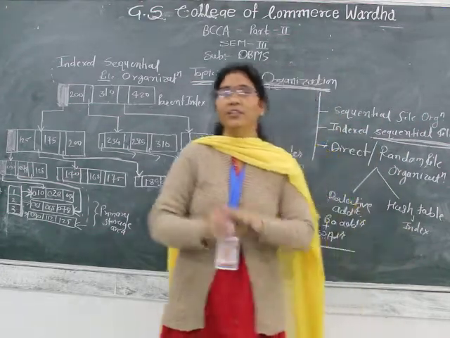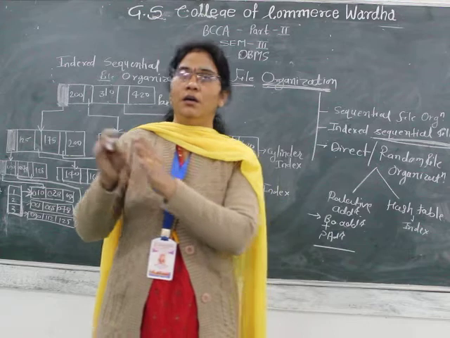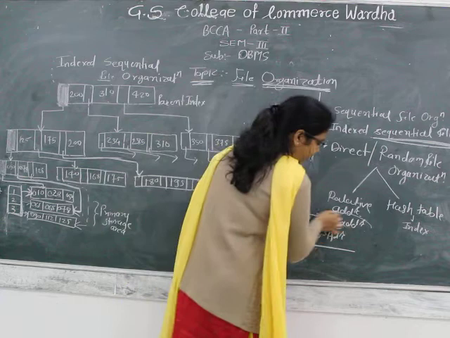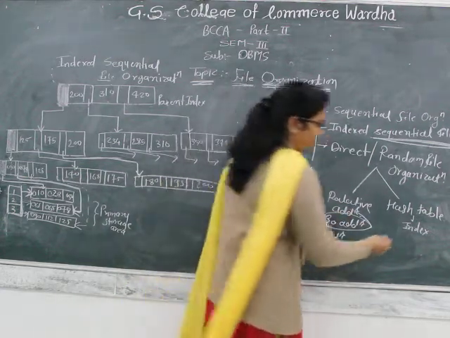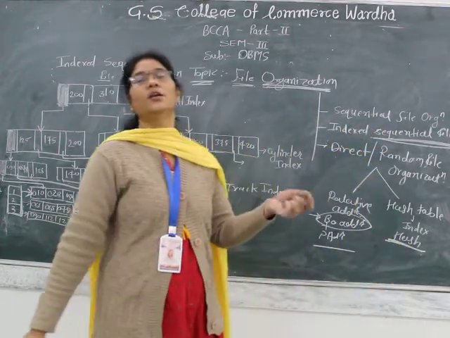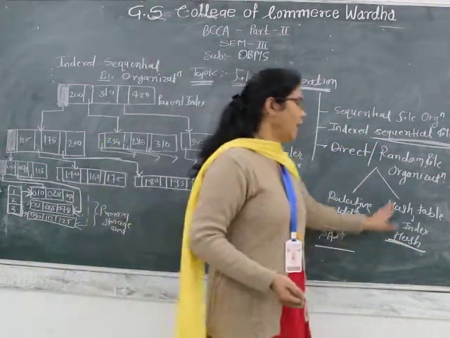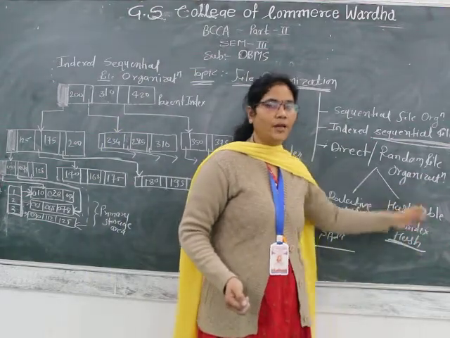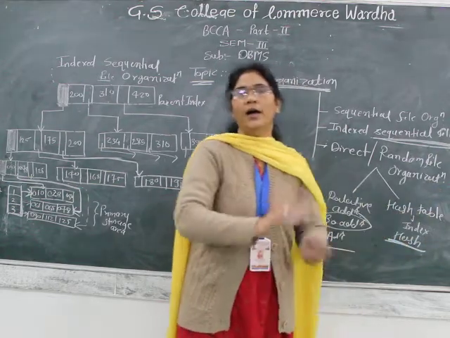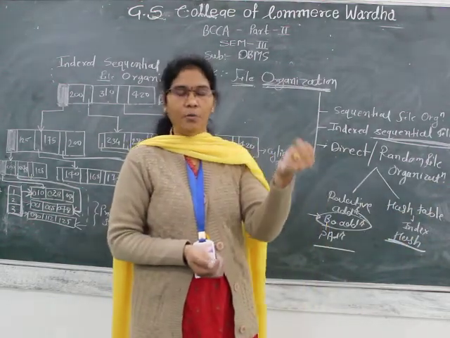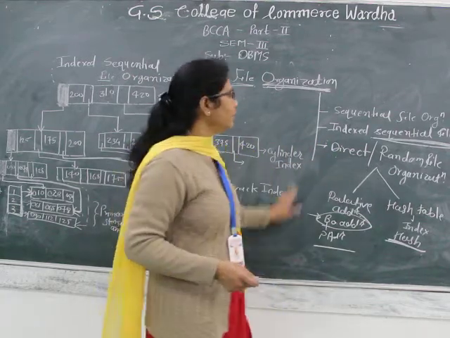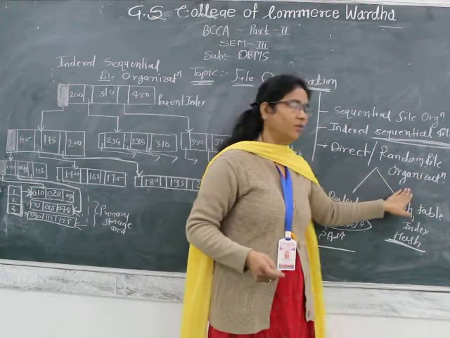This entity has the location of that file in the secondary memory location. Here we have the base address and here we have the hash address, and this is the data structure mechanism that handles the hash table, which has the hash index of the file address. According to that, we find the data from the secondary memory location directly. That's why it is called direct or random file organization.